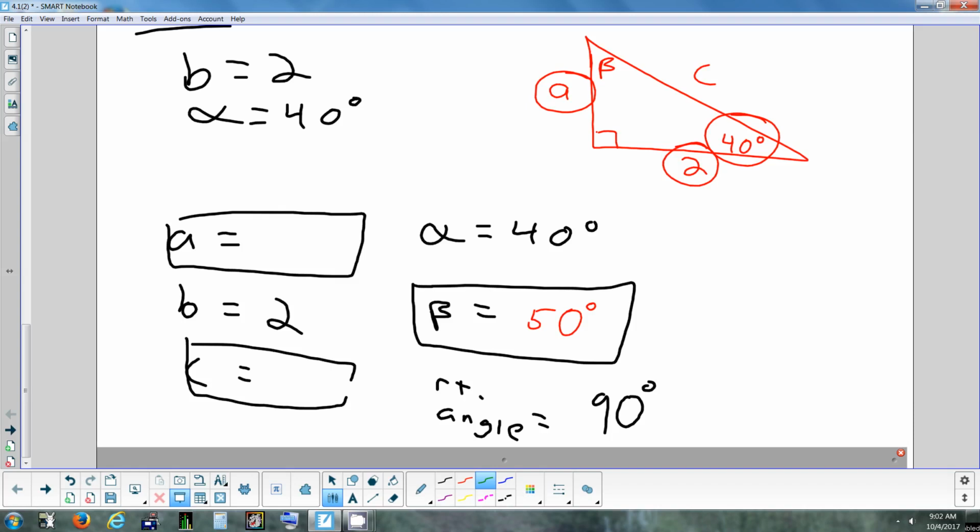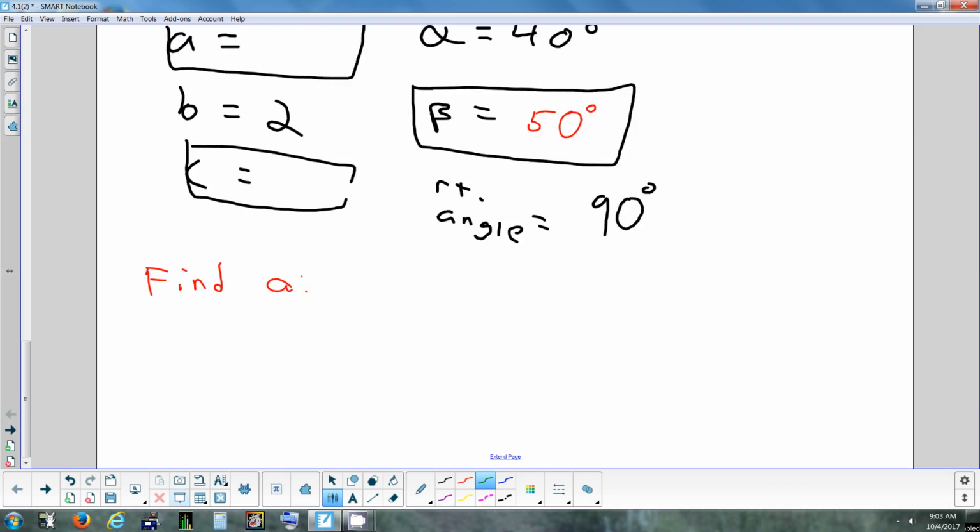So Mason, if I'm from the perspective of the 40, what is side A? Opposite. Opposite? How about 2? Adjacent. Adjacent. Which trig function, sine, cosine, or tangent, has opposite and adjacent in it? Tangent. Yeah. So we're going to set up an equation using tangent.